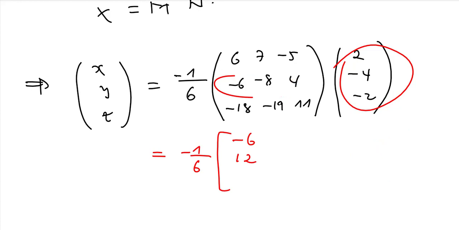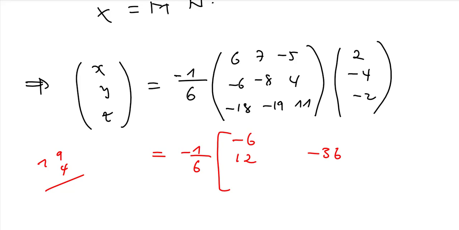And the last, negative 18 times 2 gives negative 36. We have negative 19 times negative 4, which is 19 times 4. 9 times 4 is 36, we have 6 and carry 3, so that will be 76.